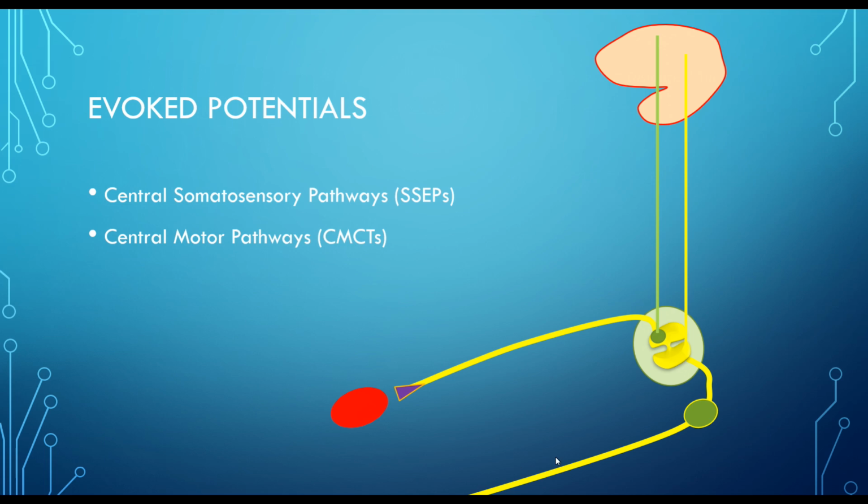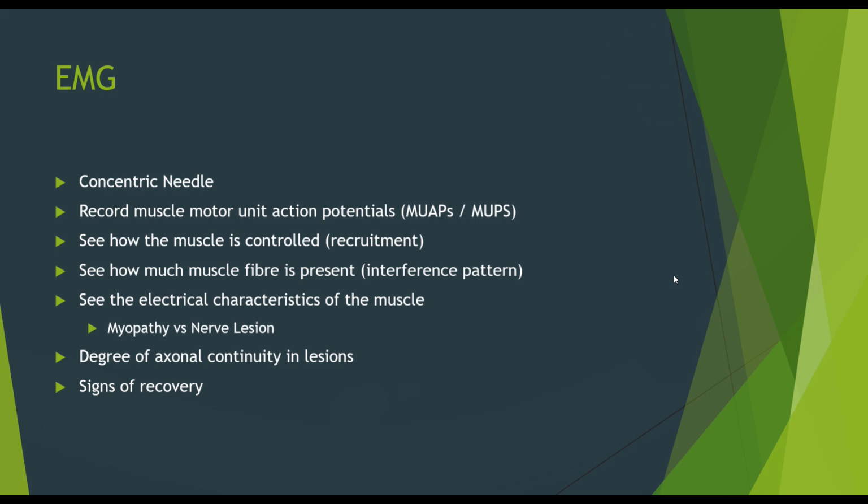With the central somatosensory pathways, one can actually track the signal going up. We put electrodes at a variety of different places, and you can look quite directly at the central somatosensory conduction times. Let's move on to EMG.